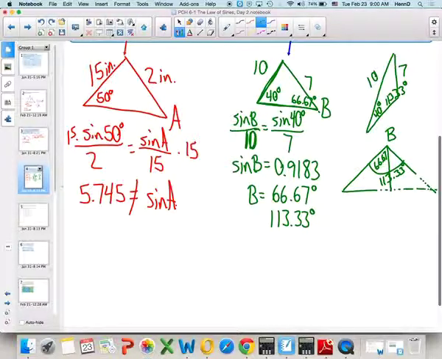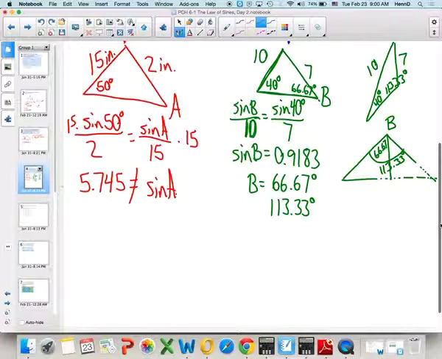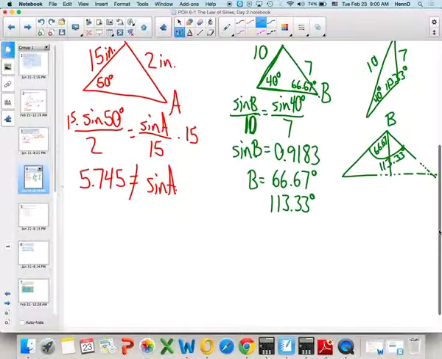Now, looking at where these would be in relation to it, we'd have the 40-degree angle here, the 10 would be across from here, and the 7 would be across from the 40.